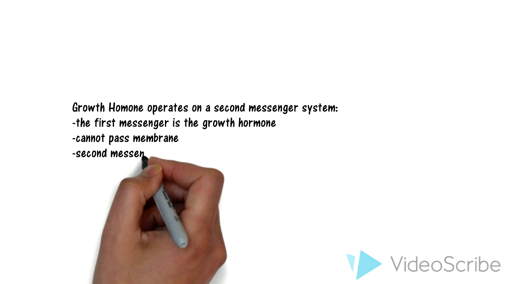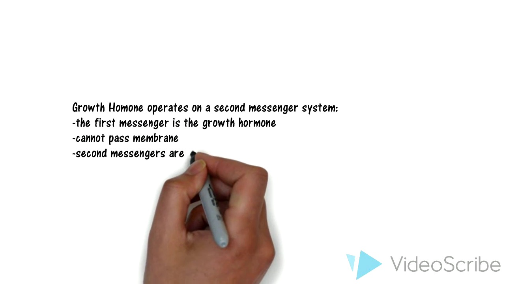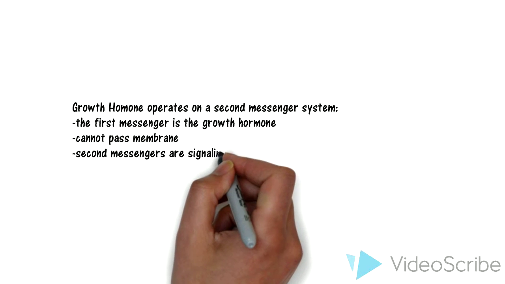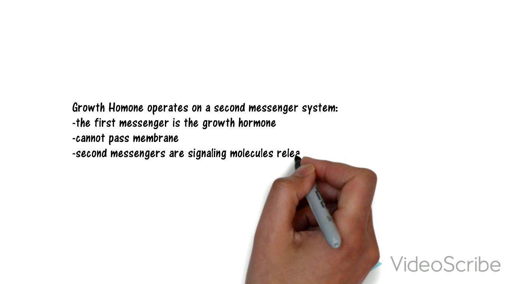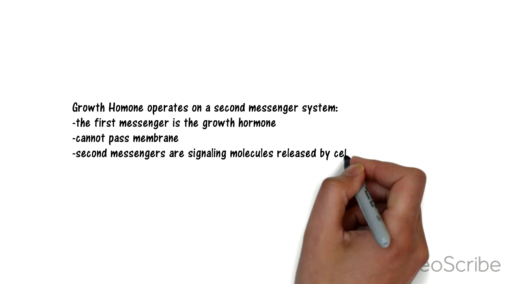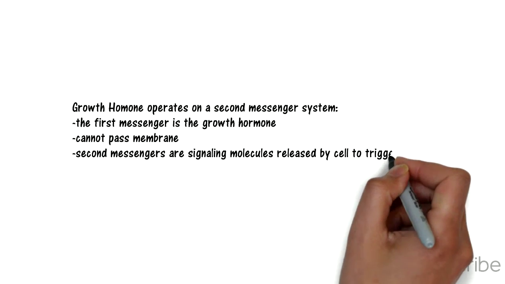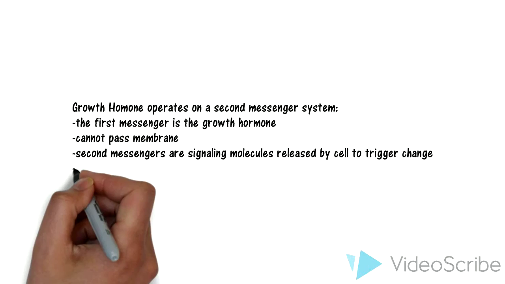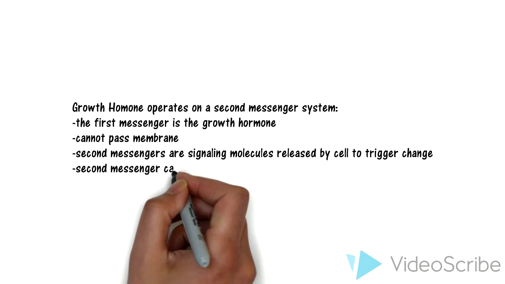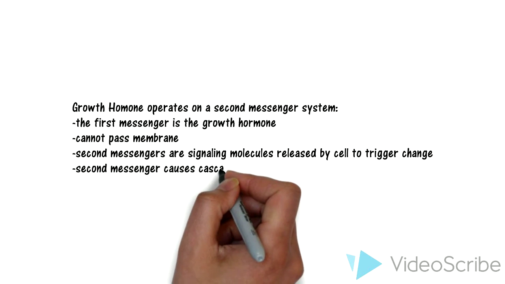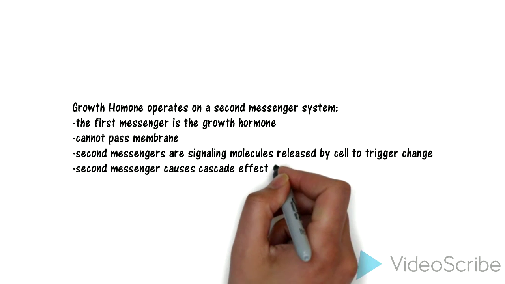So instead, it binds to the receptor. And this first messenger binding to the receptor initiates the second messenger to initiate a signal transduction cascade. And this cascade amplifies the effect of the signal so that the cell process can get done.